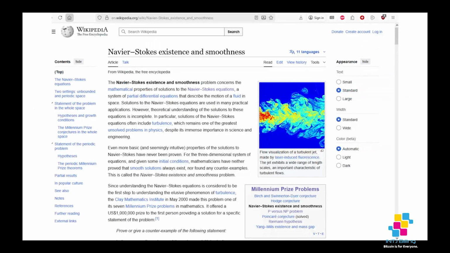All right, quick sidebar. Let's talk a little bit about the Navier-Stokes existence and smoothness problem. Some of you might know about this problem. There's actually a $1 million prize. So if any of you are bored, there's a $1 million prize waiting for anyone who can solve one of the biggest problems in mathematics, known as the Navier-Stokes existence and smoothness problem.